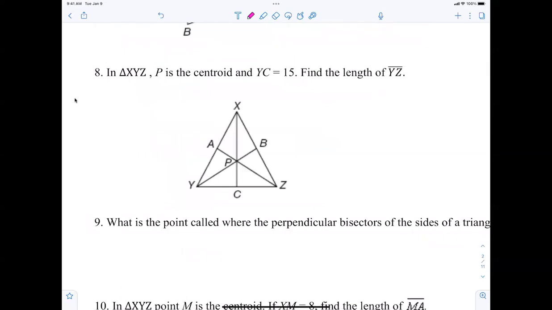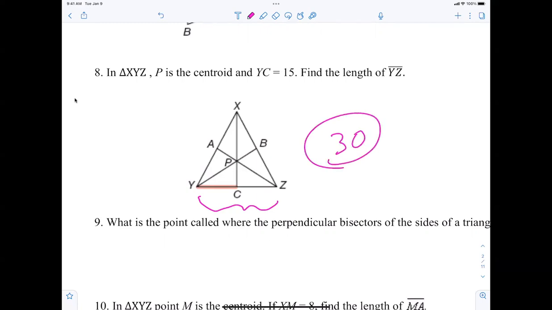YC is 15. So here we go. YC is 15. Then what's YZ? So you're saying from here to 30, right? 30.